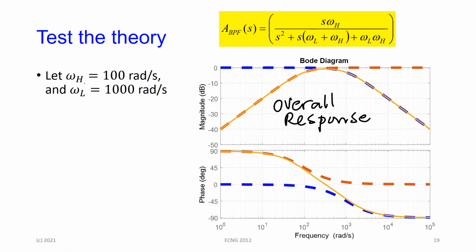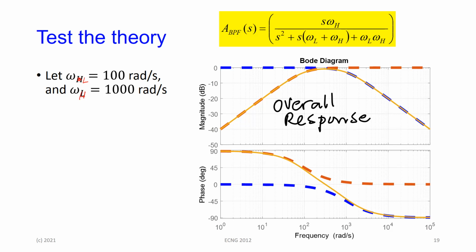This again is supposed to be omega L. This is supposed to be omega H. So that the overall response is the dotted line, which is what we want. A bandpass filter, the pass band is between 100 radians and 1,000 radians. So that's the pass band.